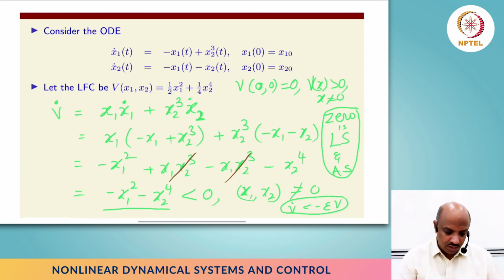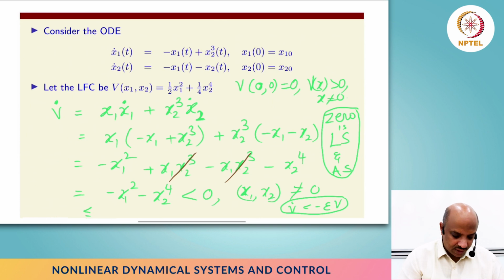We can indeed show this is less than or equal to minus x1 squared minus half x2 to the power 4, which is equal to minus 2 times V. So what we were saying is basically, this has the form of components x1 squared and x2 to the power 4.